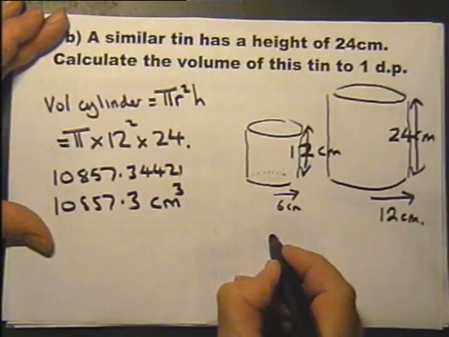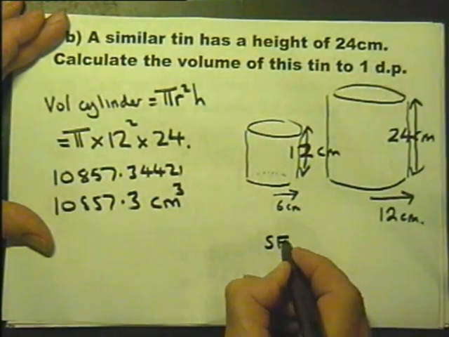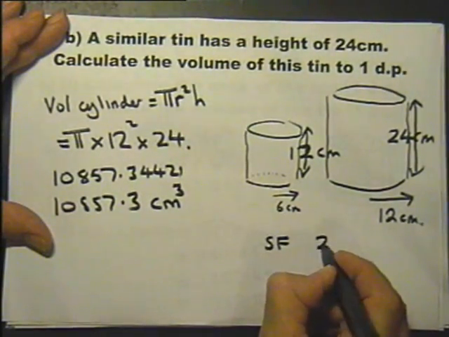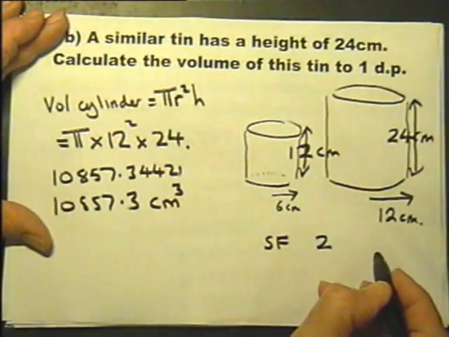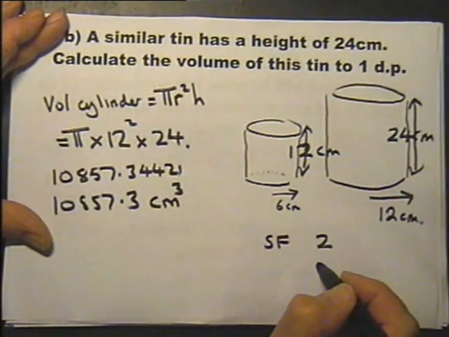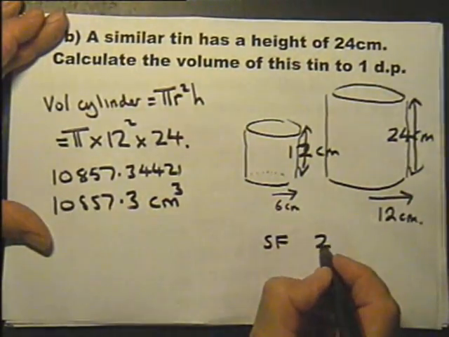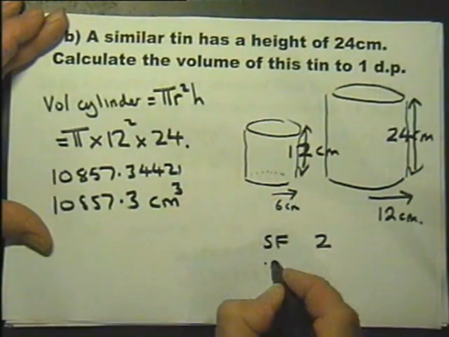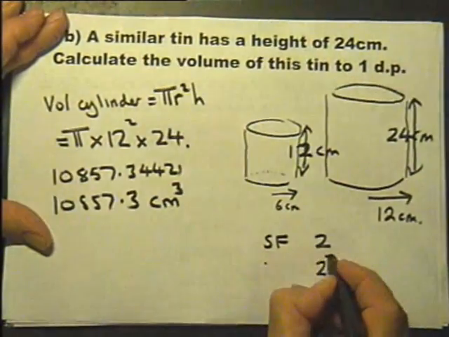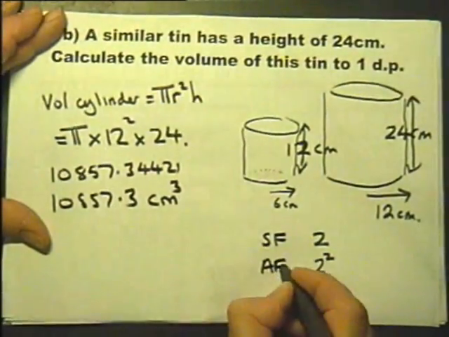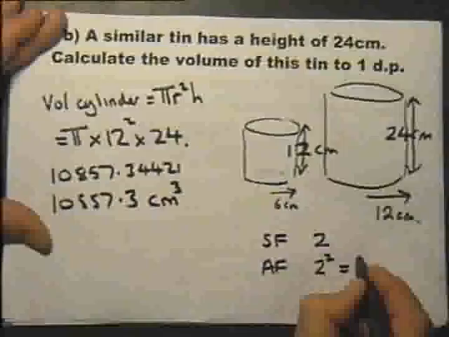But if you know about enlargements, this has got a scale factor of 2, because it's enlarged by 2. This is a bit of higher mathematics. If you enlarge something by scale factor 2, then any area will be 2 squared bigger. In other words, we call that the area factor, and 2 squared is 4.